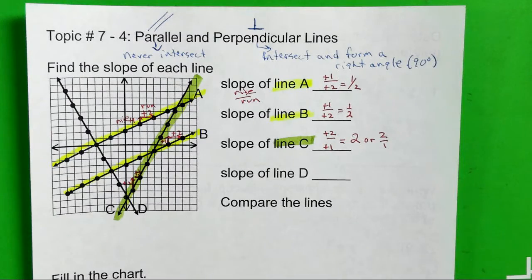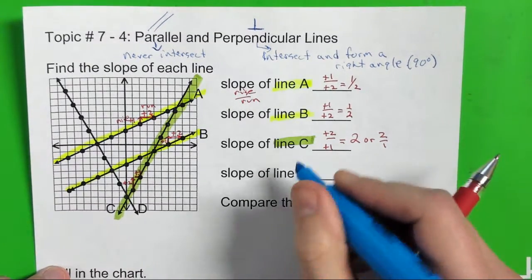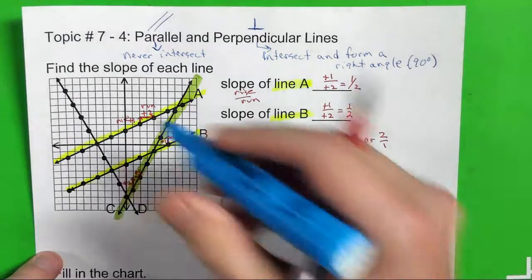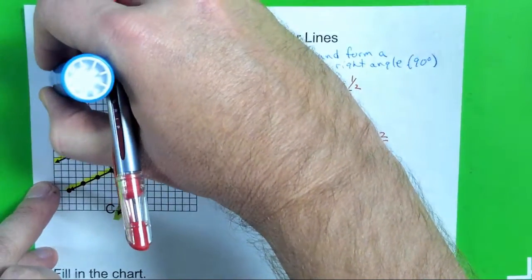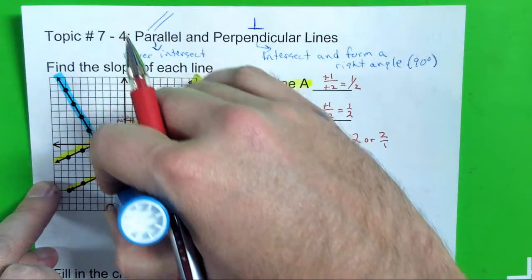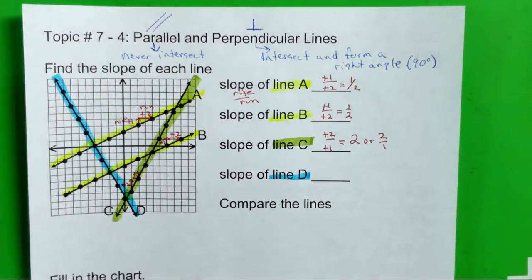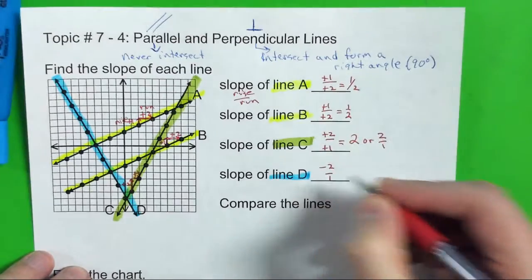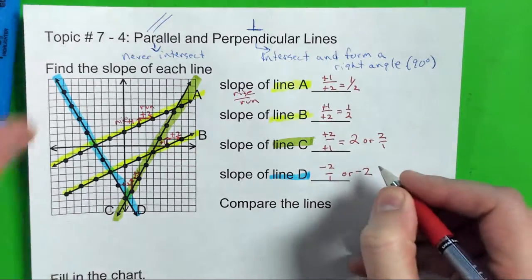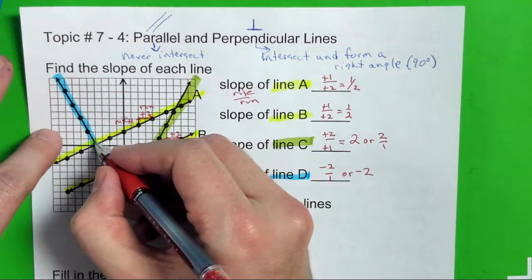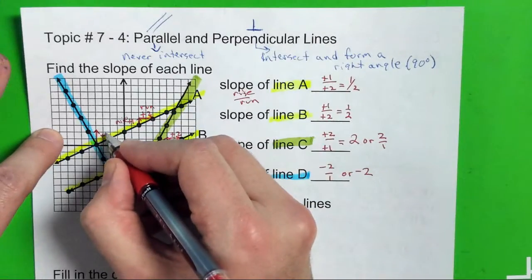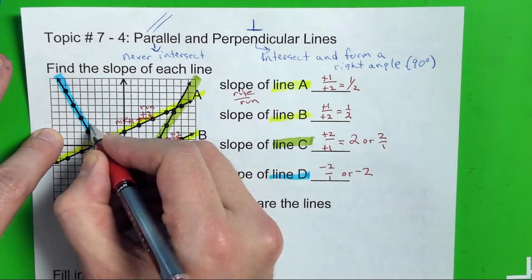Okay? And Trent, what did you get for the last one? Are you sure? So he said he thinks it's negative 2 divided by 1 or negative 2. Let's check. If you go up 2, you have to go back 1.